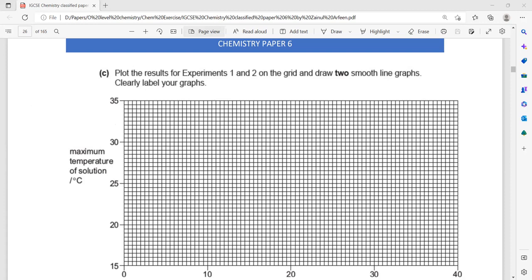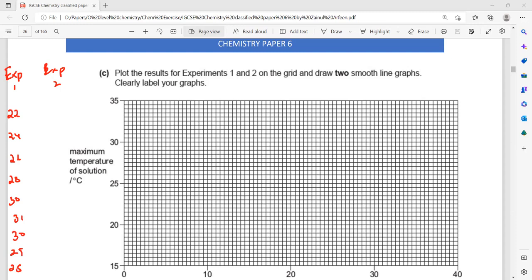So the readings for experiment 1 were 22, 24, 26, 28, 30, 31, 30, 30, 29 and 28.